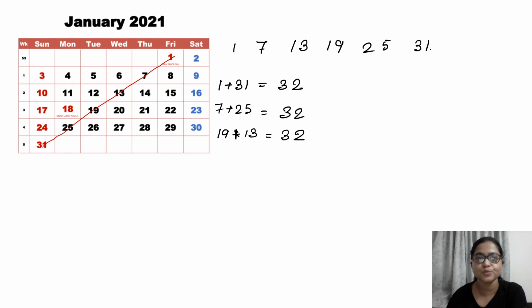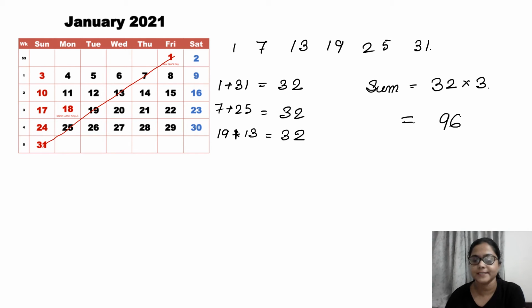How many 32s are there in this sequence? We have three 32s. So the sum of the numbers will be 32 into 3, that is 96. It's easy.